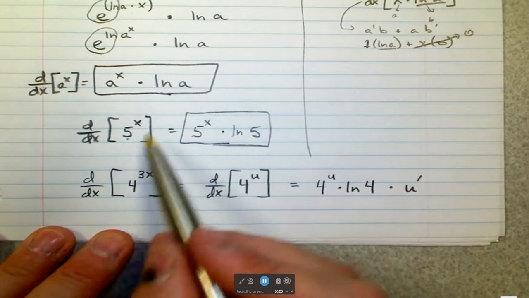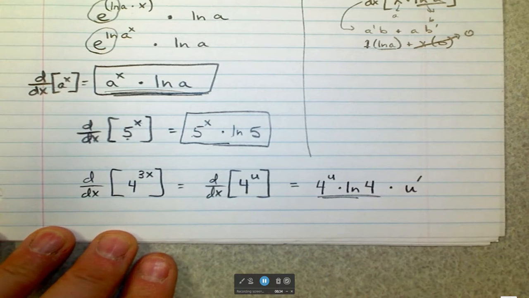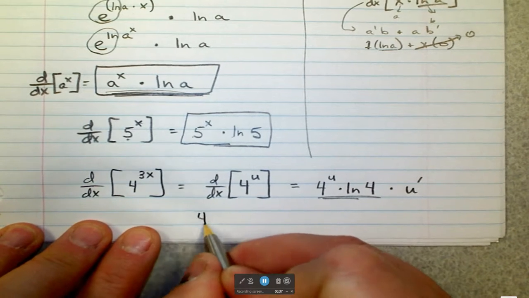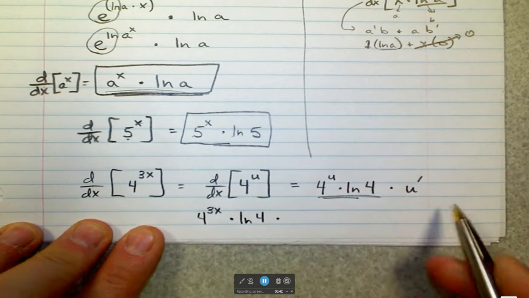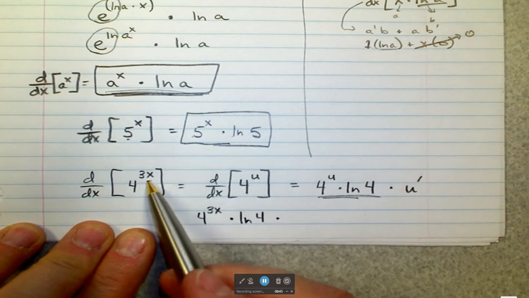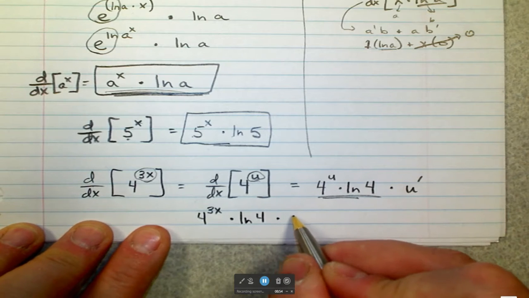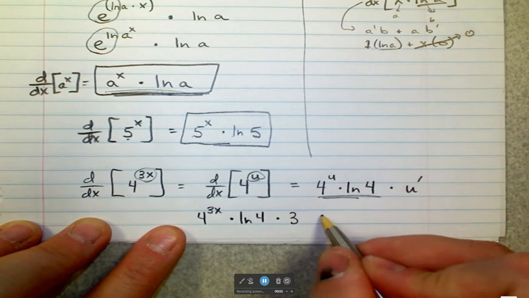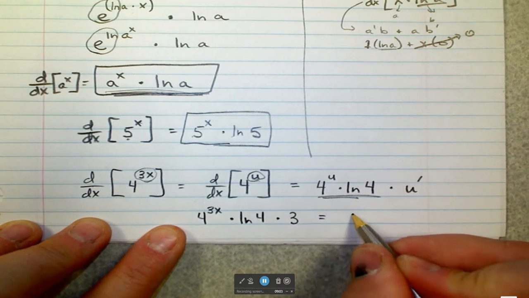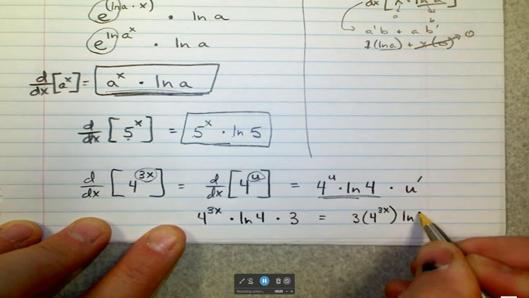So it would be whatever the rule is times u prime. That would be 4 to the 3x times the natural log of 4 times u prime. U prime is the derivative of u. What's the derivative of 3x? 3. So piece all that together and your answer is 3 times 4 to the 3x times the natural log of 4.